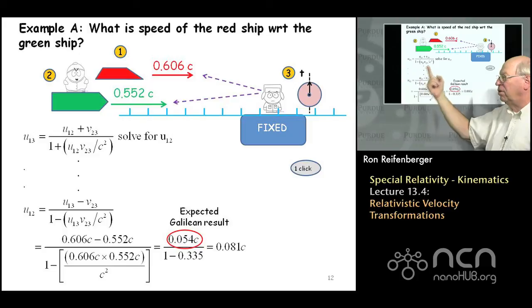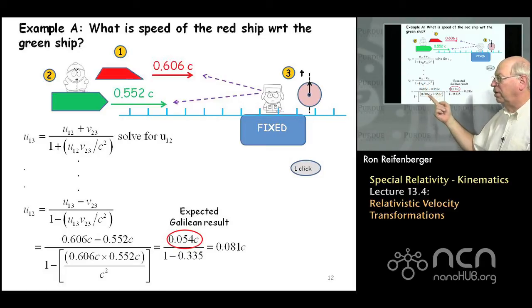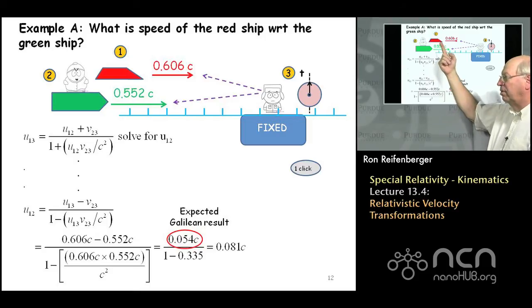So we have to solve this equation for U12. Well, that takes a few lines of algebra, right? You get this equation, you can put in the various numbers, and what you find is that the red object, if its velocity was measured by the observer in reference frame 2, would be moving at 0.08 times the speed of light, right?